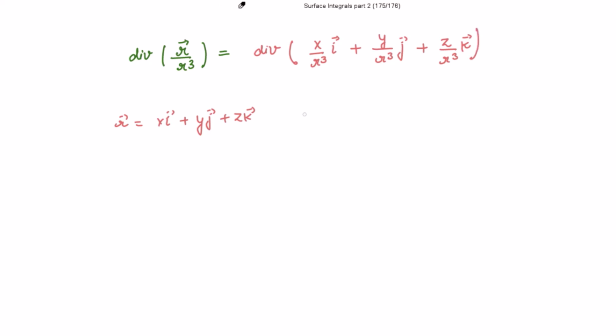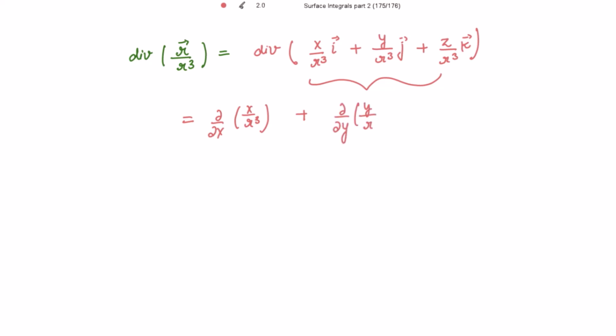Very fine. Okay. So what is the divergence of this? I can write this as partial derivative of first component with respect to x plus partial derivative of second component with respect to y plus partial derivative of third component with respect to z.